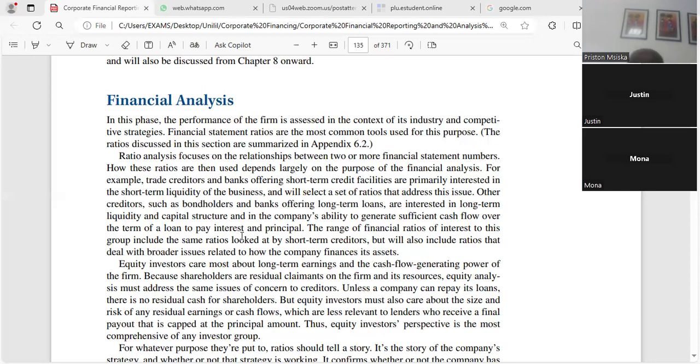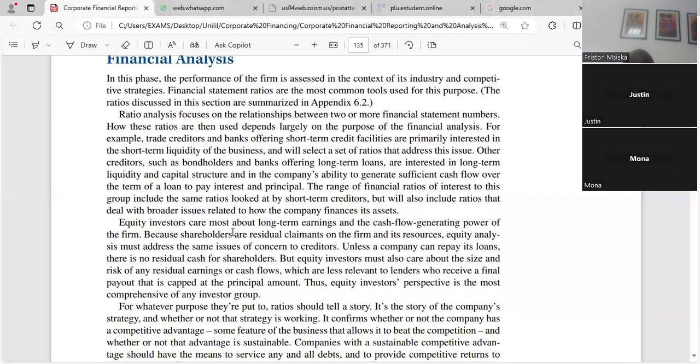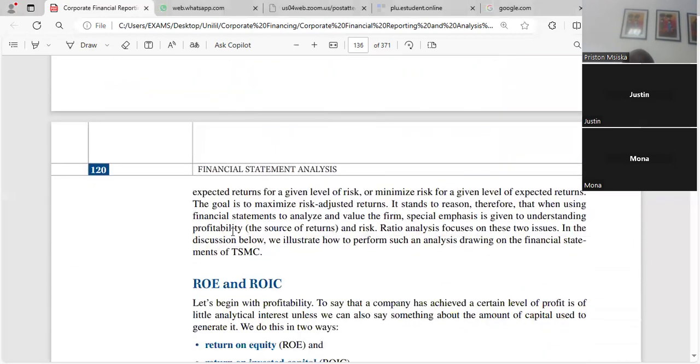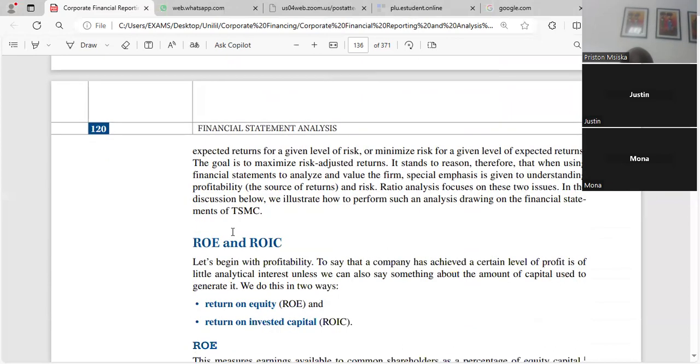Now, one such profitability ratio is what is called return on equity. The other one is return on invested capital.